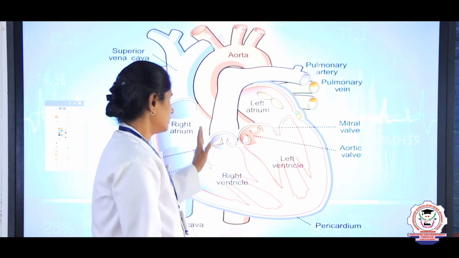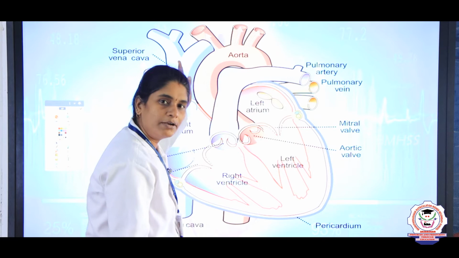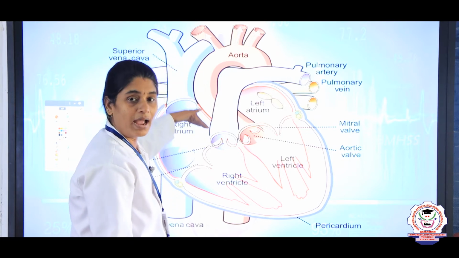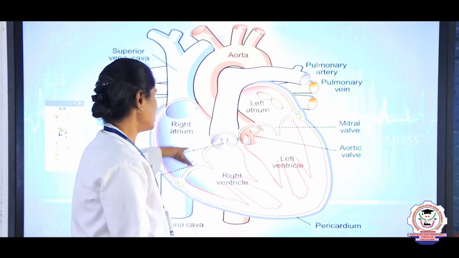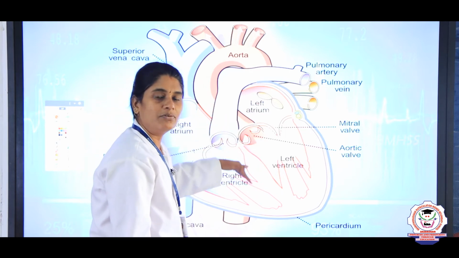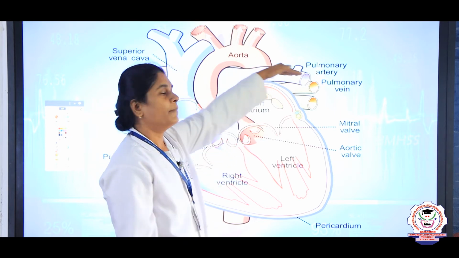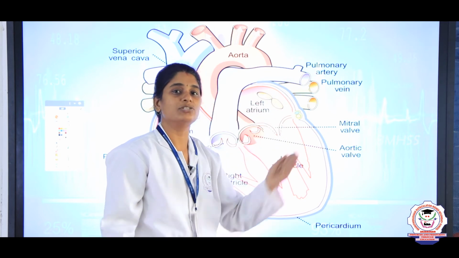So, the deoxygenated blood from all the parts of the body is collected through the inferior vena cava and superior vena cava into the right atrium, and the blood enters the right ventricle through the valves. From the right ventricle, the deoxygenated blood is pumped through the pulmonary artery to the lungs, and in the lungs the blood is oxygenated.